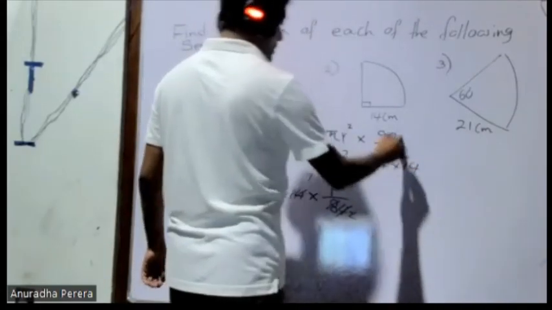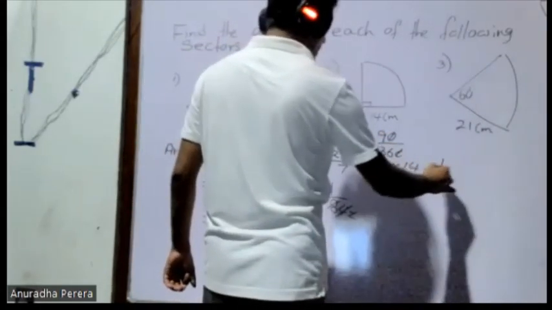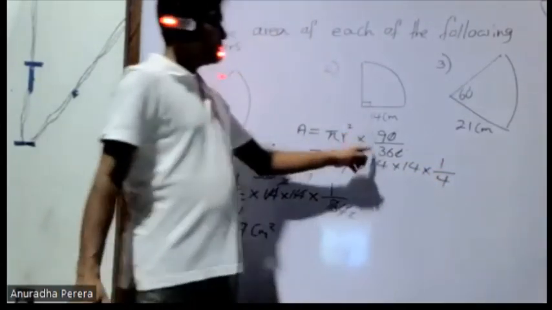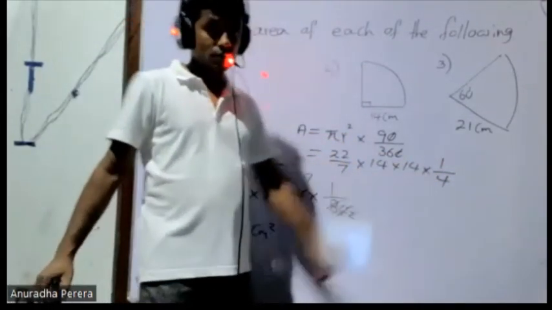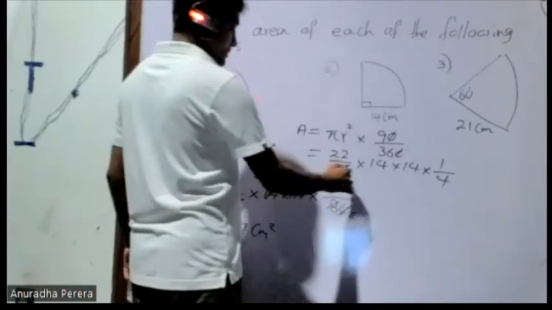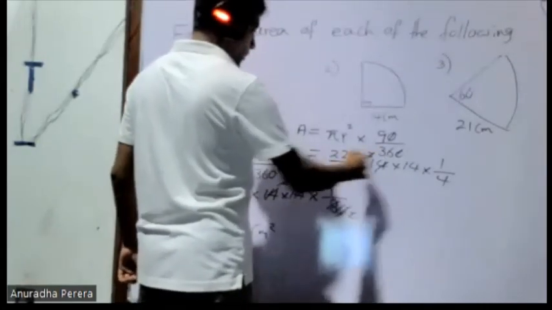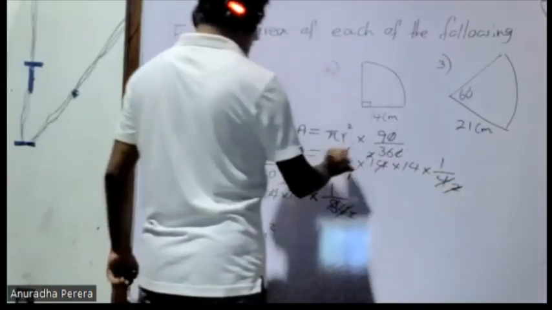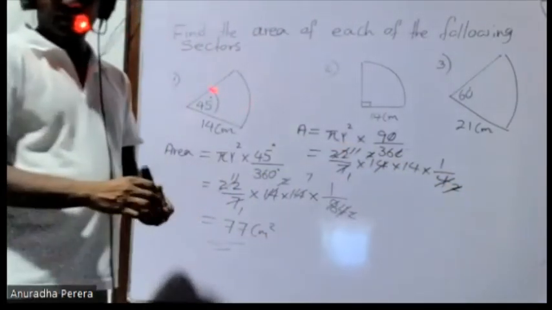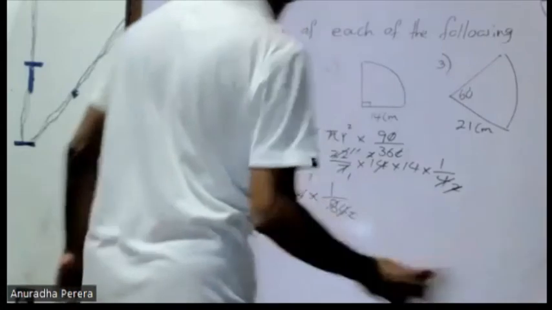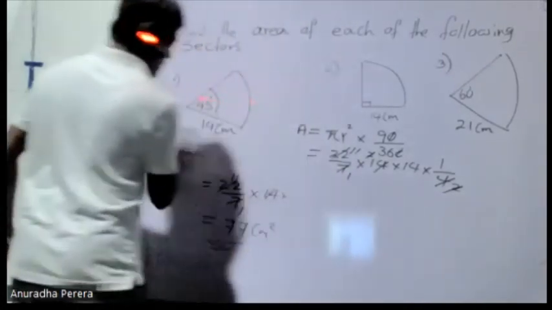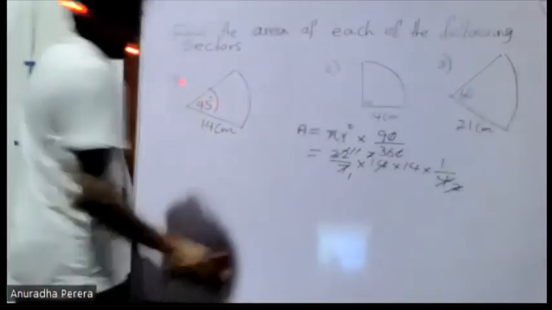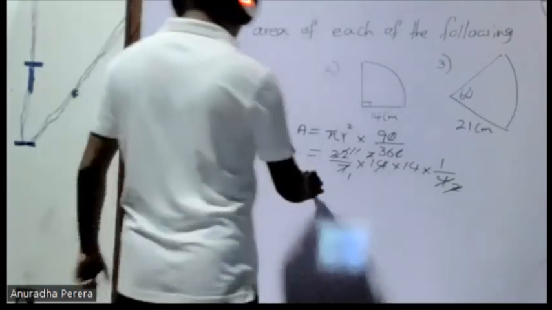You simplify 1 over 4. Right? 90 over 360 means in the simplest form 1 over 4. Divide by 7, 2 by 2, again by 2. Yes, 11 into 14, 154 square centimeters. Yes, very good.